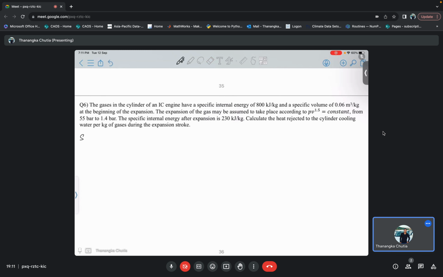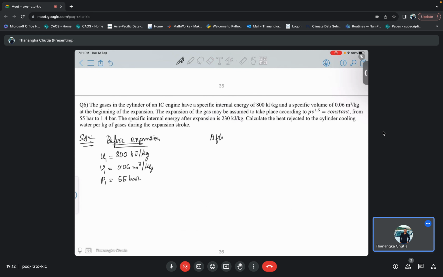Okay, so let us do this. Before expansion, U1 is equal to 800 kilojoule per kg. V1 is equal to 0.06 meter cube per kg, and P1 is equal to 55 bar.